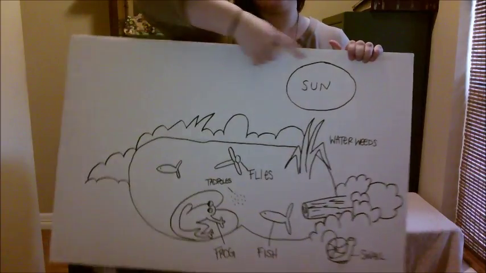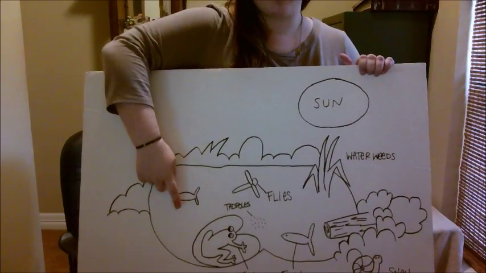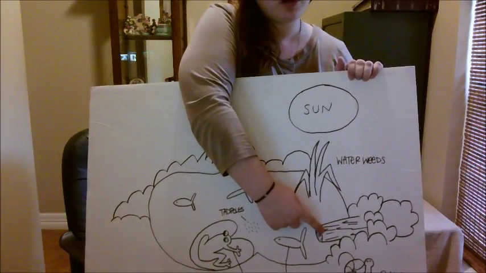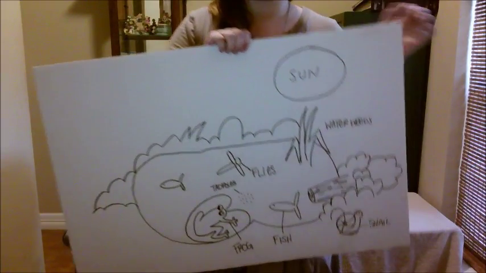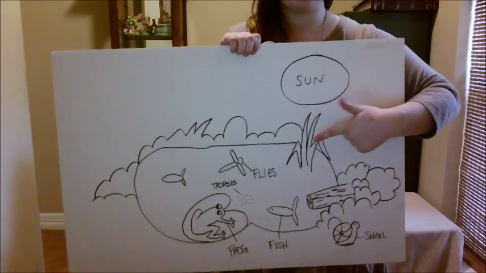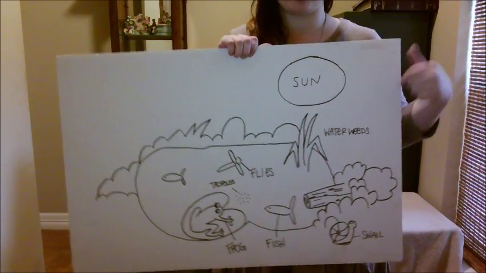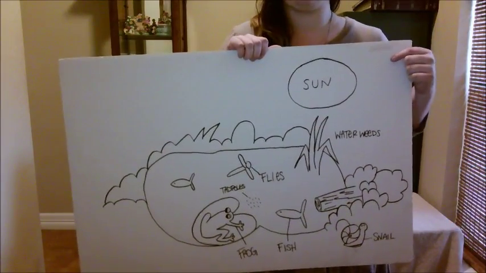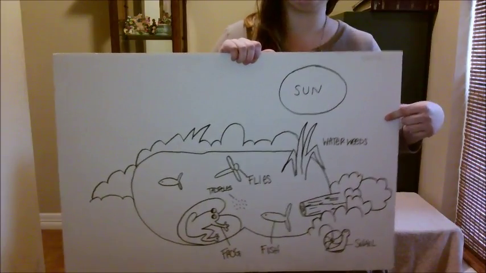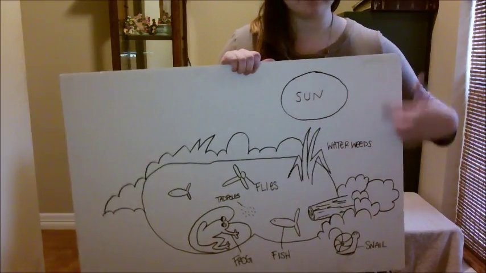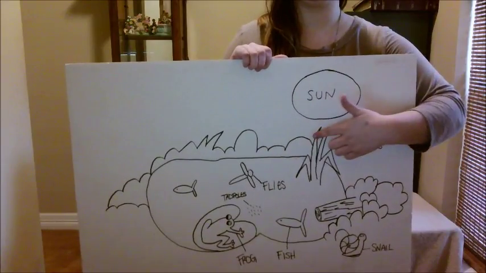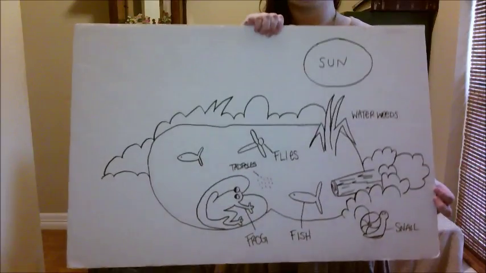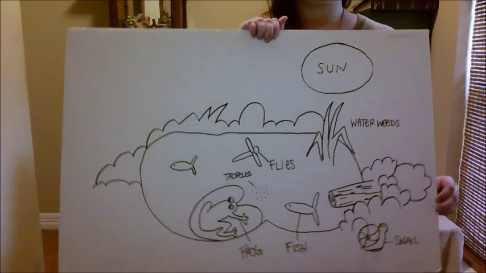It's got your sun, it's got the water, the tree trunk, the dead tree trunk that's non-living anymore. You have the plants, the water weeds is what we call them. Your snail, your fish, your frog, your rabbit. And those are all living, and they make up your ecosystem. They go through the cycle, and you have your bushes. So this is what I expect from the poster boards that I will receive.